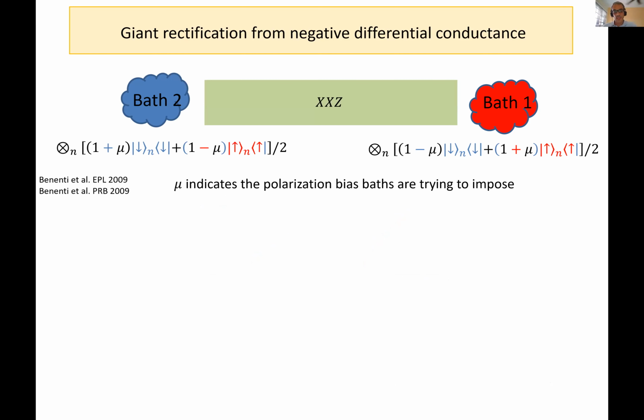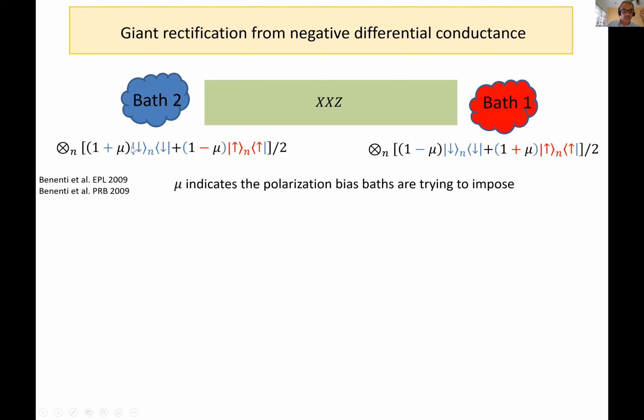We took some of the works by Benenti and others. Actually, there were two very nice works in 2009 with Rossini, Znidaric, Casati, Benenti, where they studied an XXZ chain with large anisotropy, and they tried to have a buff similar to what we did just now, imposing a polarization pointing down on one side and pointing up on the other side.